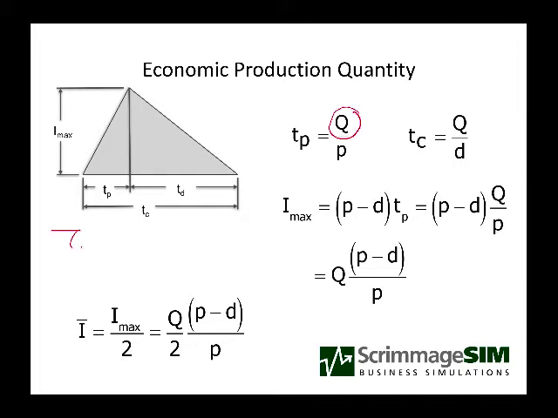So suppose Q is equal to 1,000. We're going to turn on the piece of equipment and produce 1,000 items. Suppose the production rate is 100 units per day. And suppose demand is 10 units per day.